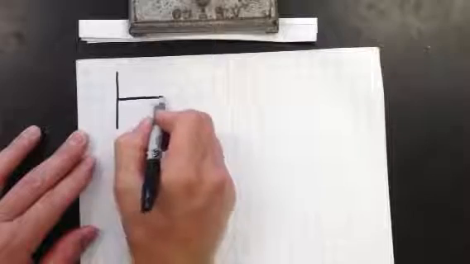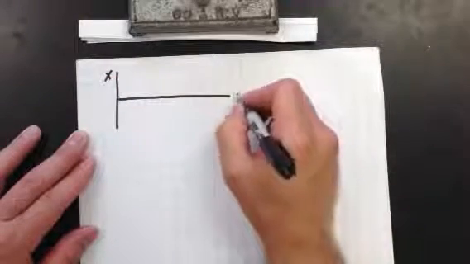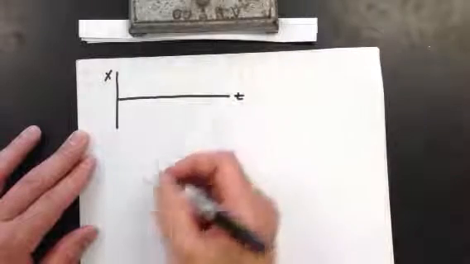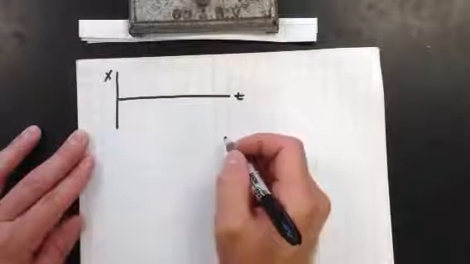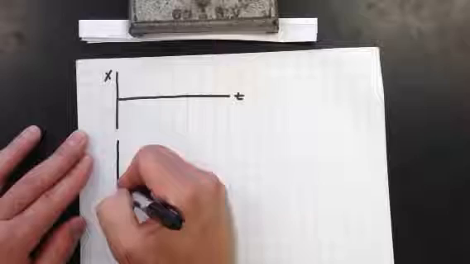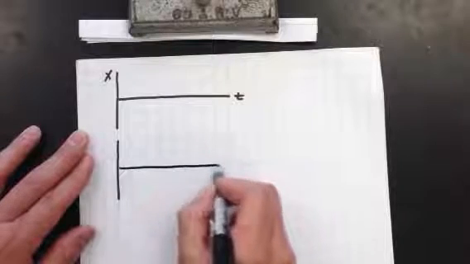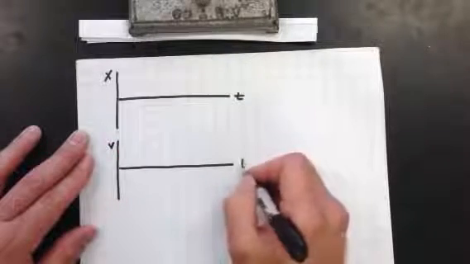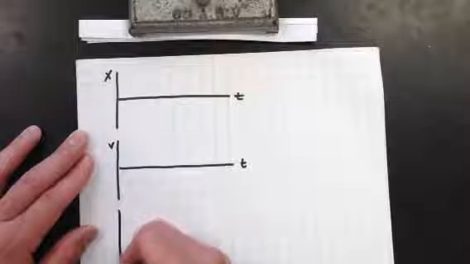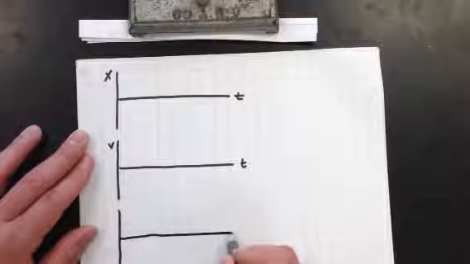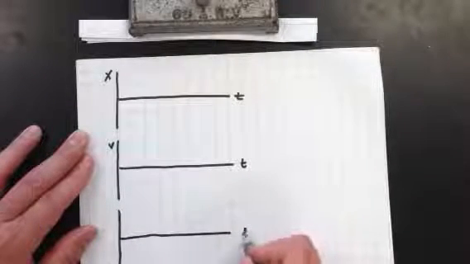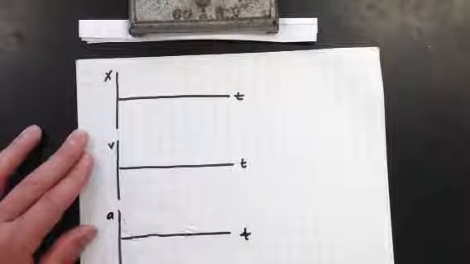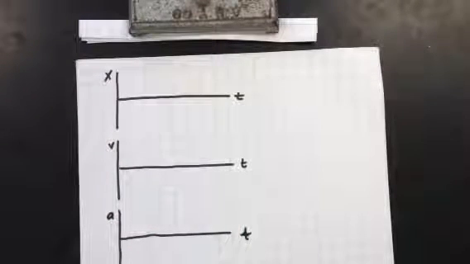So what I'm going to do is create a few graphs with respect to time. So there's a position time graph axis, there's a velocity time graph axis, and acceleration. Oh, that's time. This is acceleration. Okay.